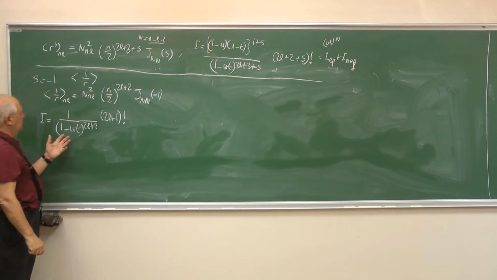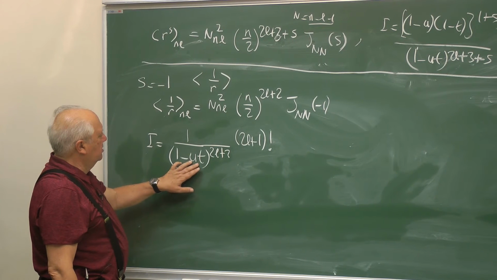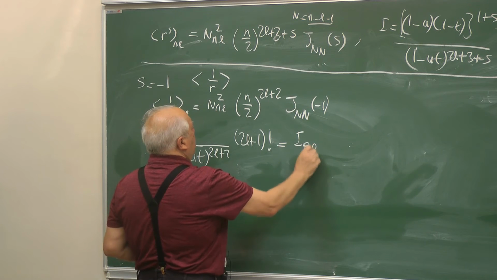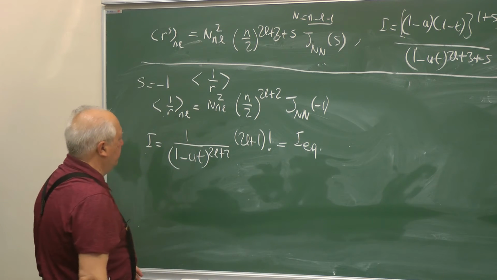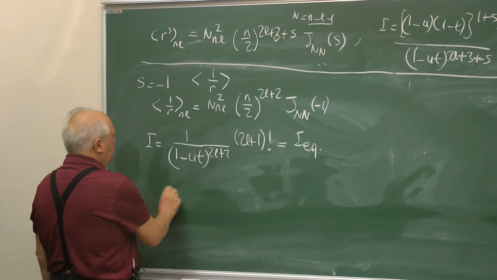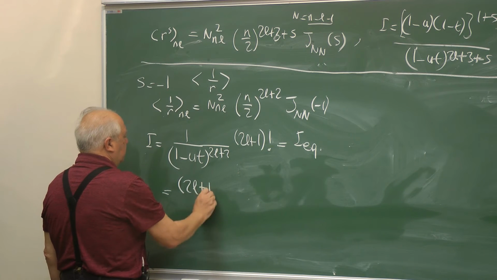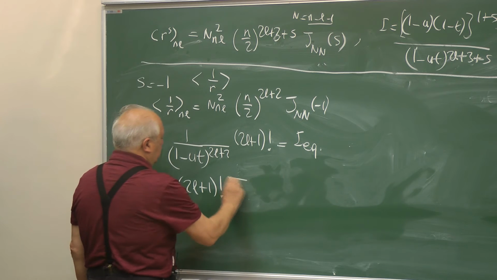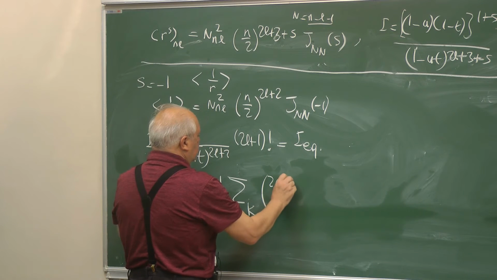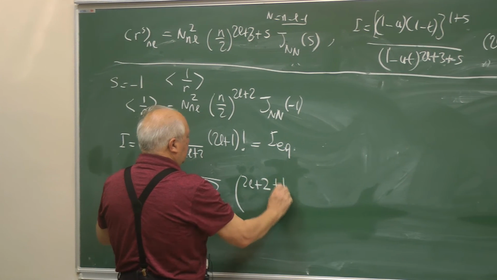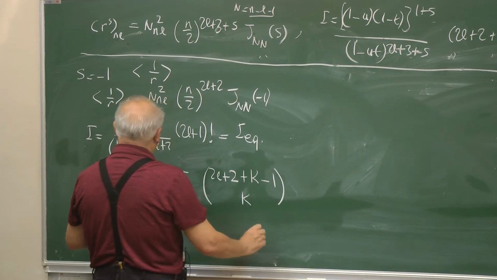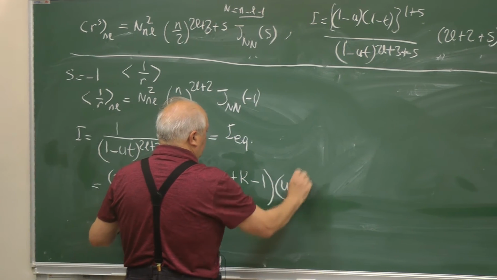You see, the expansion of it only involves equal powers of u and t. So the expansion is composed of equal powers of u and t. Let us do the expansion. Let's take the factorial here, (2l plus 1) factorial, sum over k, (2l plus 2 plus k minus 1) choose k, (ut) to the power k.